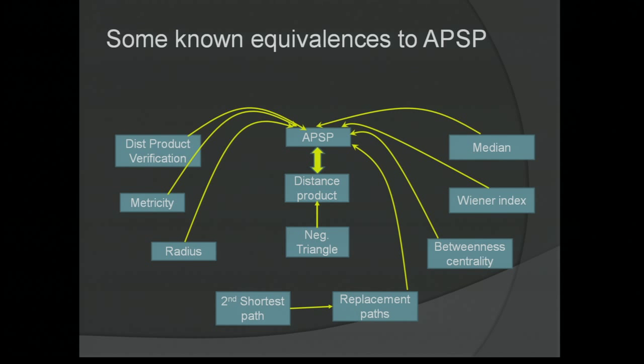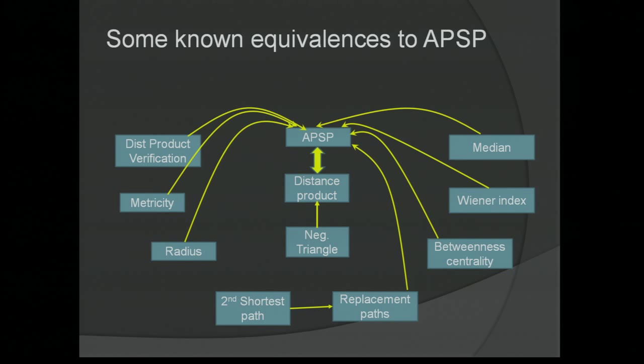So it turns out that we can put it on the board here. Replacement path, here you're given the shortest path between two vertices, S and T, and you want to know for every edge on this shortest path, what would the new shortest path between S and T be if I were to remove this edge? And this problem is not too hard to reduce to all pair shortest paths, but it also turns out to be equivalent, as we'll see.